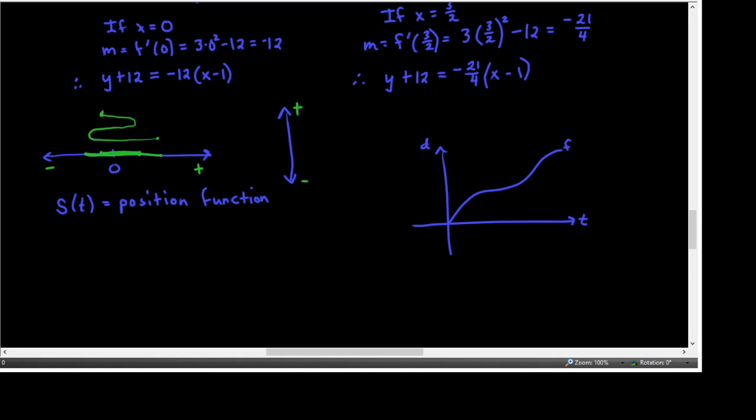We're going to have, from one time to another, movement from here to there. The horizontal distance we're moving will be delta t, the change in time. And the distance we change in going from one to the other is the change in position, delta s.